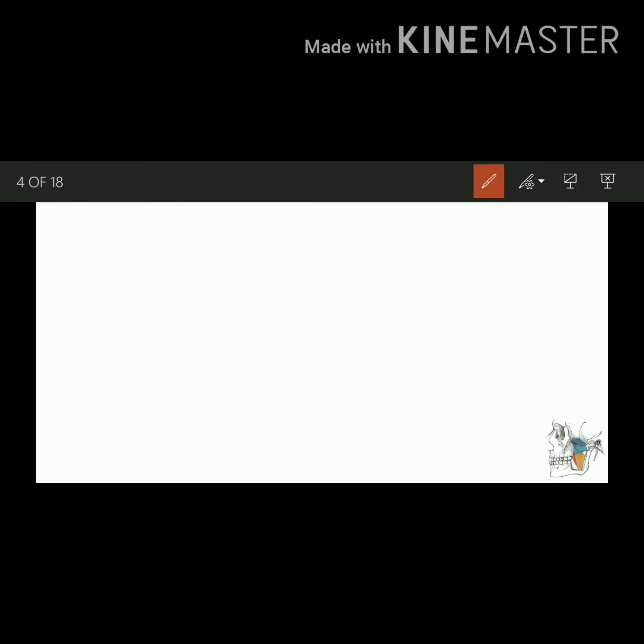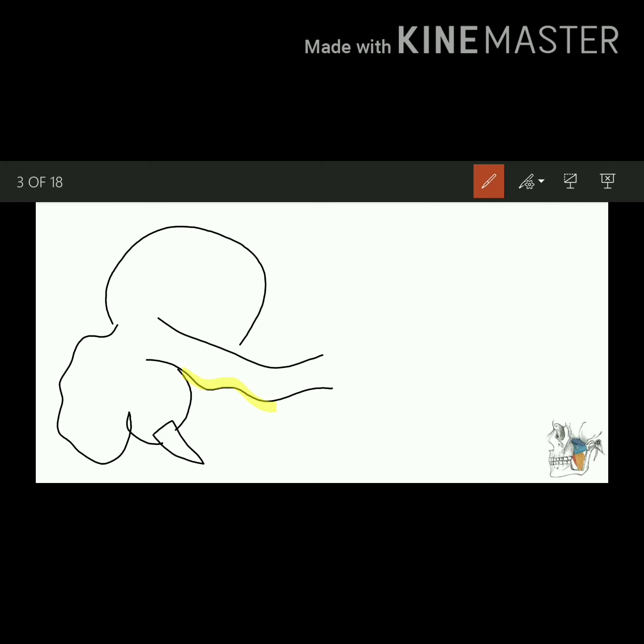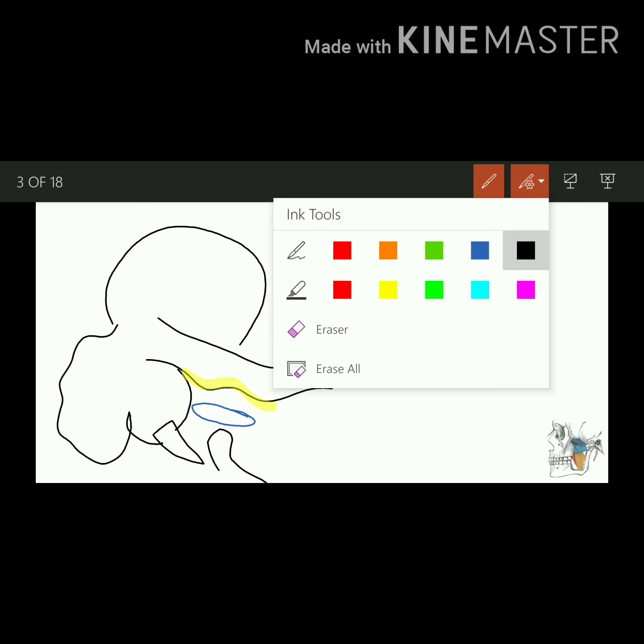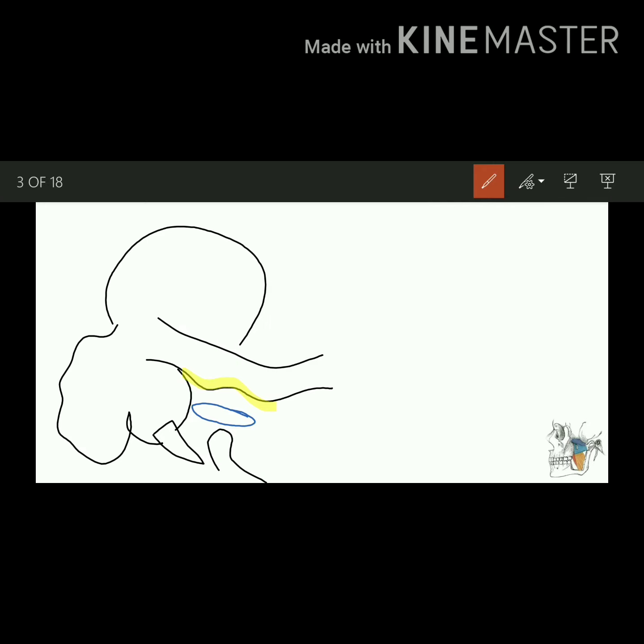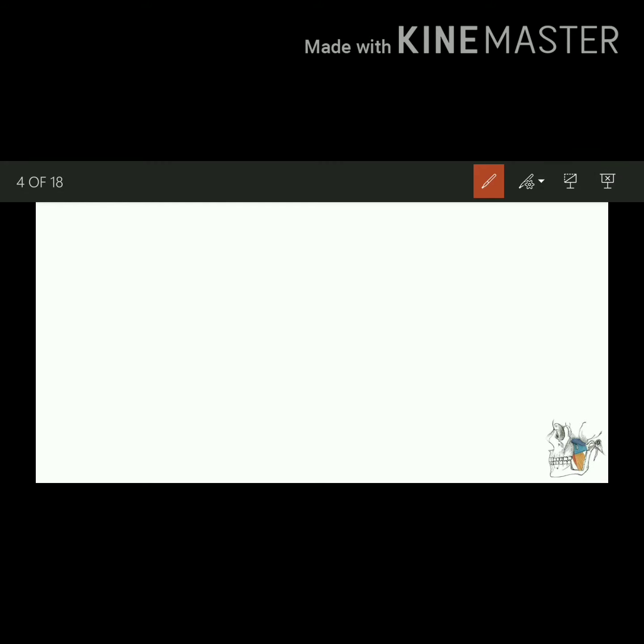Okay, now we'll see the divisions of the joint cavity. There is an articular disc, a fibrocartilage articular disc, that divides the joint cavity into two sections, upper and lower.